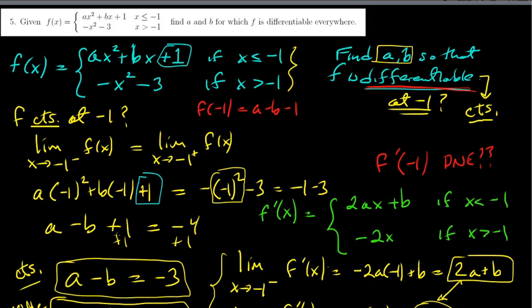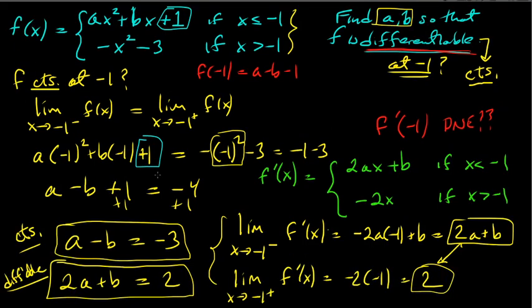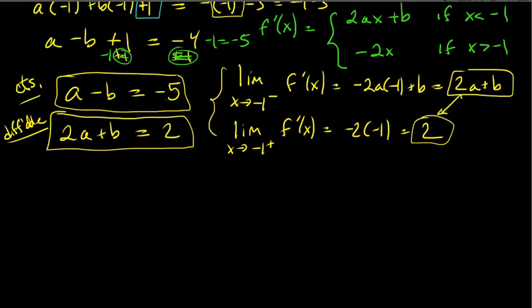This should be a plus 1. So what I should have done here is, instead of adding 1, I should have subtracted 1. And that means this should be negative 5 here. So this negative 3 should be a negative 5. There we go, negative 5. Now go ahead and work it out.